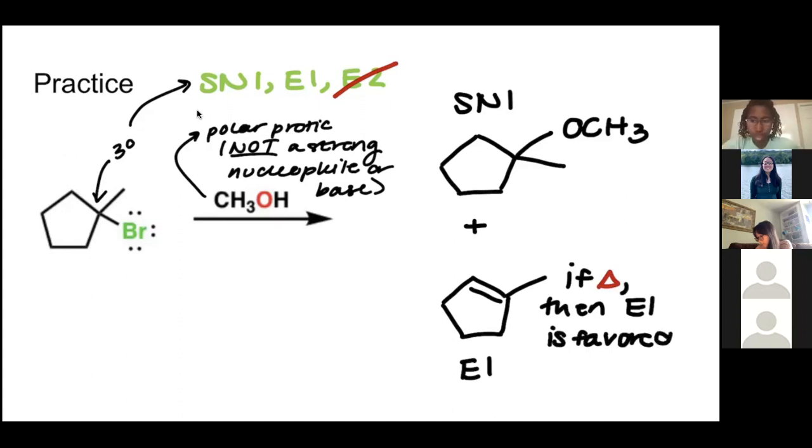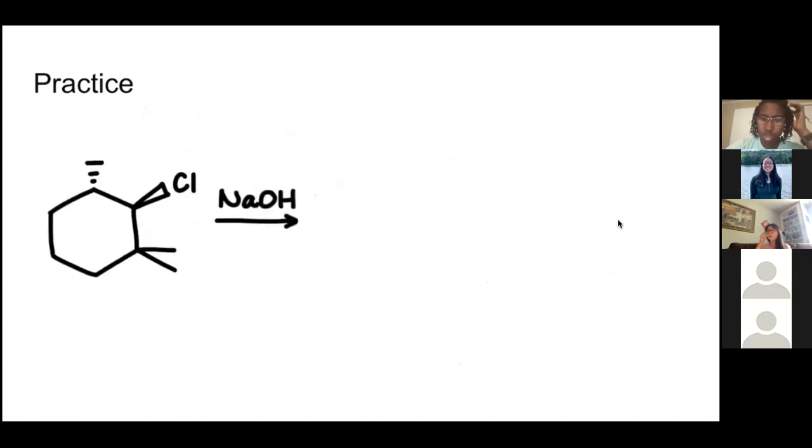Any questions? Cool. Last example for this section is going to be this guy. Once again, look at your substrate, chlorine. Hopefully you know that's going to be the leaving group. Look at this carbon.